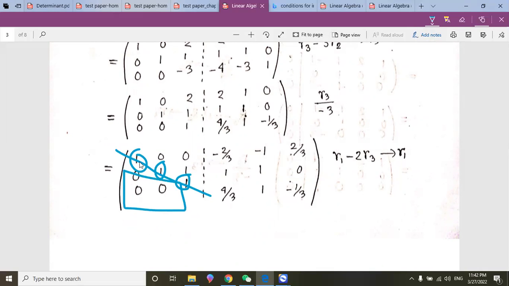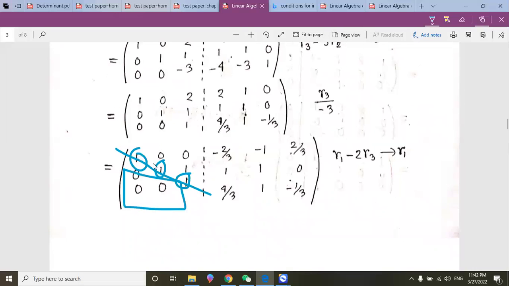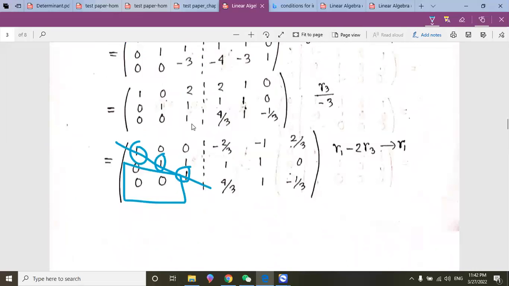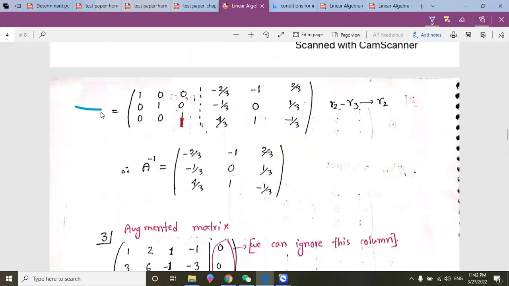Okay, the last line is here. So you see here our first pivot point, second pivot point, and third pivot point, and all the entries below and above the pivot point are 0, right? Yes. So that means this is an identity matrix.